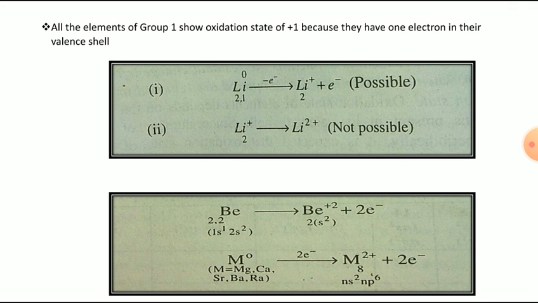All the elements of group 1 show an oxidation state of +1 because they have one electron in their valence shell. As we know, the outermost electronic configuration for group 1 is ns1. That means all the elements of group 1 have only one electron in the outermost shell. See the example, lithium. The valence electron in lithium is only one. The atomic number of lithium is 3, that means 1s2 2s1. In its outermost shell there is only one electron.